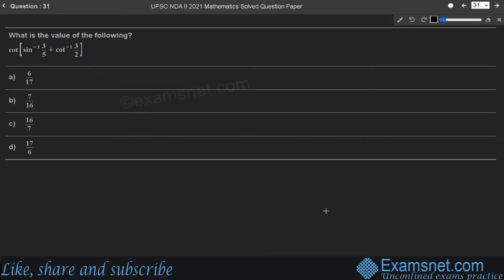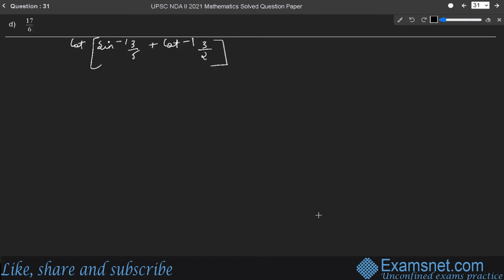Next question is, what is the value of cot of sin inverse 3 by 5 plus cot inverse 3 by 2? We have to find the value for the given trigonometric expression.